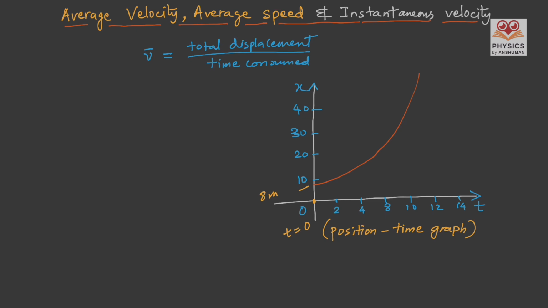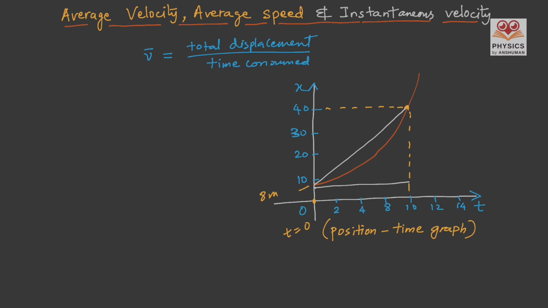And let's say that at time equal to 10 seconds, the position of the object is 40 meters from the origin. So for this motion, the change in position is from 8 to 40 meters. And the time elapsed for the change in position is from 0 to 10 seconds.